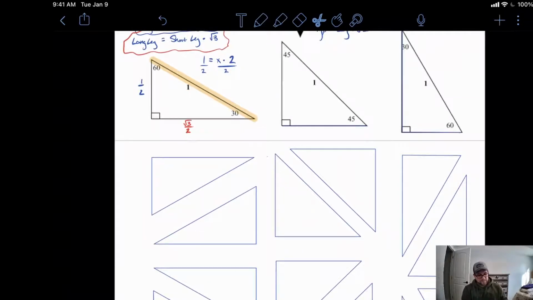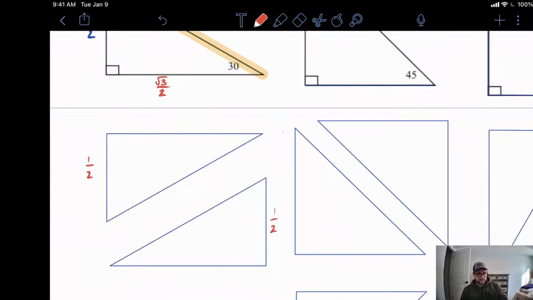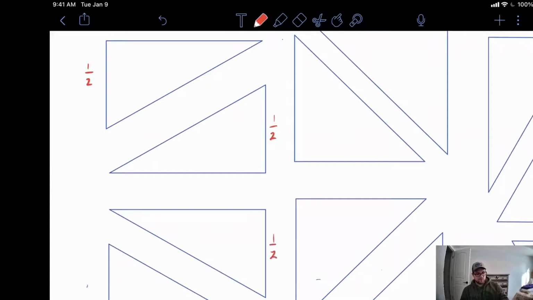Those are our 4. Now, what we want to do is carry our measurements through. We know that the short side of this triangle is always going to be 1/2, so I'm going to have 1/2 on each of them. And I know that my hypotenuse is always 1 in each of these triangles. I know this is my 30-degree angle in each, and I know this is my 60-degree angle.